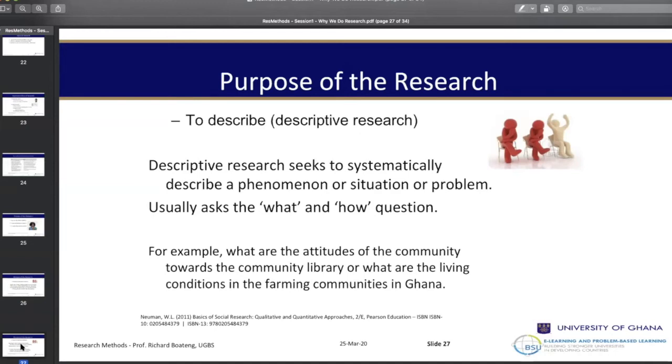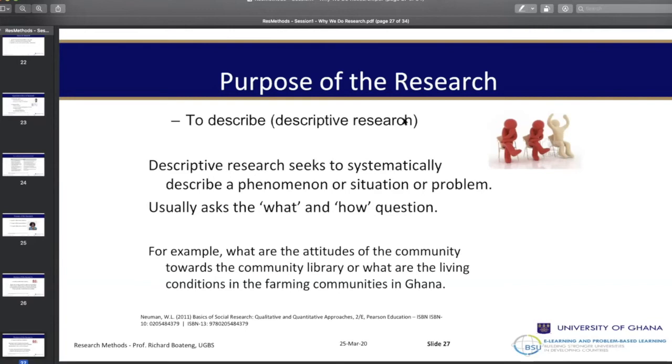However, if you want to do a descriptive research in relation to the library, you may end up asking what are the attitudes of the students towards the library. So maybe attitude is a behavior. So you have to go into the library and see the student attitudes in how they use the library.